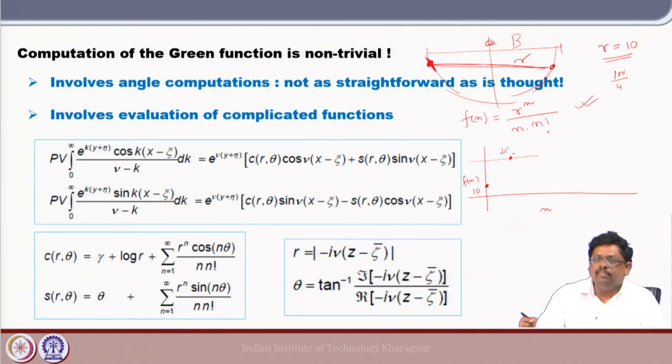When n equal to 3, it is 10 cube, which is 1000, divided by n into factorial n, which is 3 into factorial 3, which is 6. So, essentially it is 1000 by 18. If you take 20, then it is 50. Now, you can see that it goes more than 50, let us say 55.